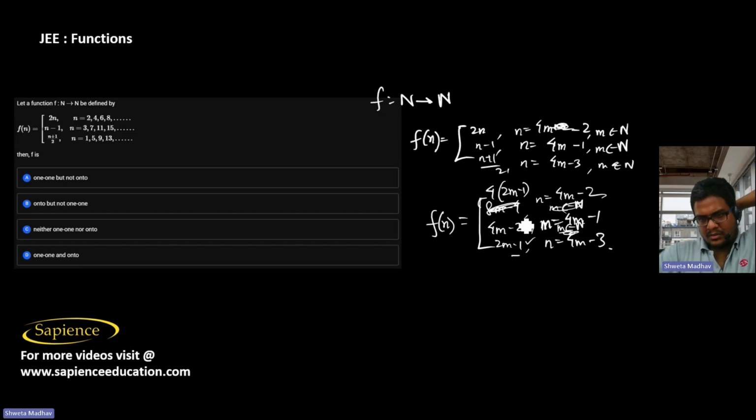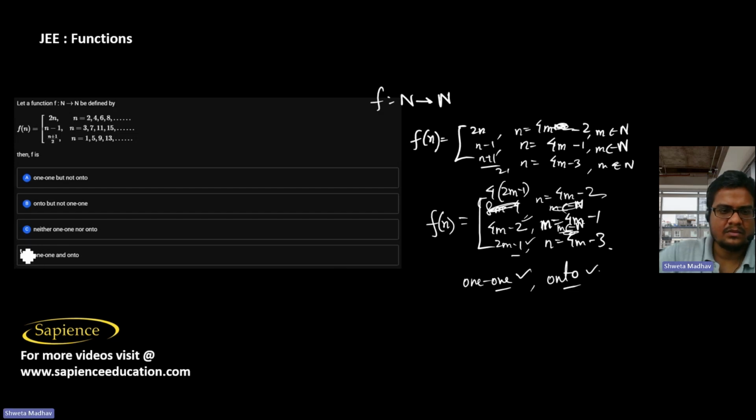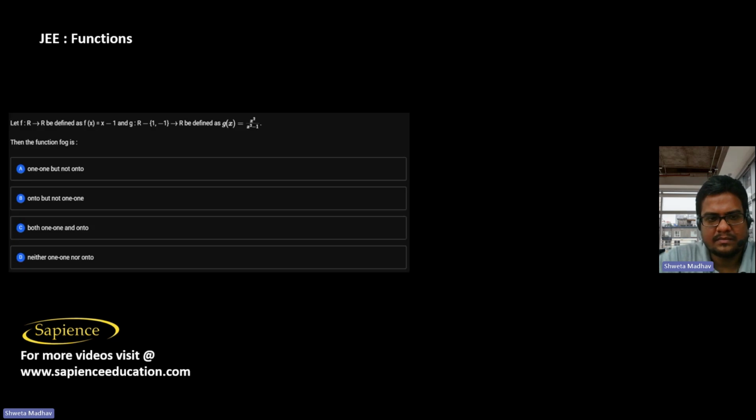These will be all even numbers except which are multiples of 4. So it means that it is obviously a 1 1 function, and obviously it will be an onto function also. So it is 1 1 and onto. So option D is the correct answer.